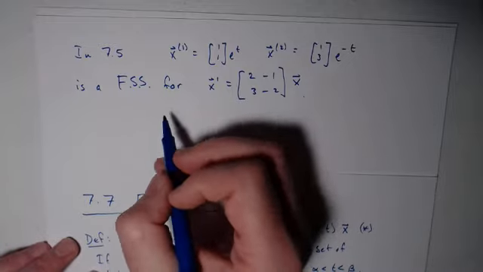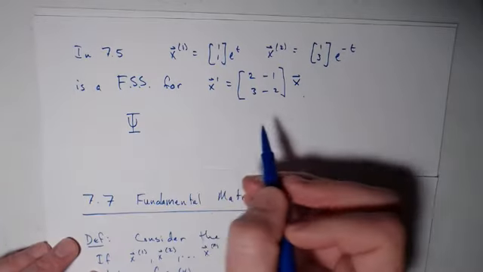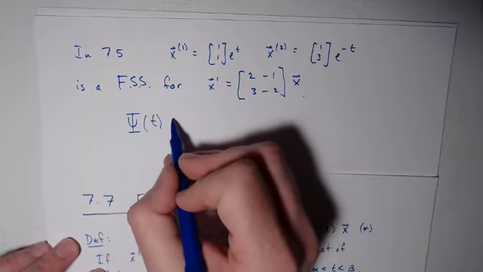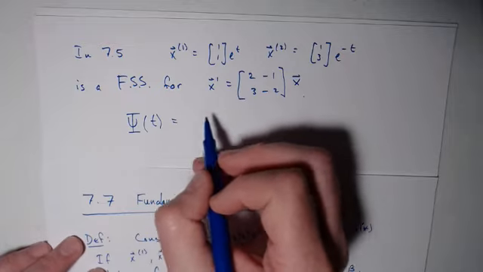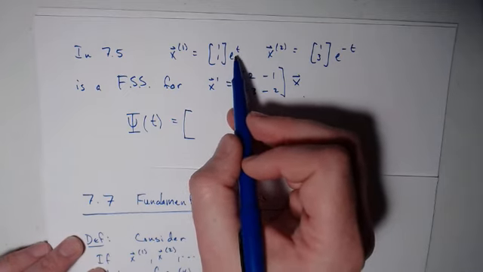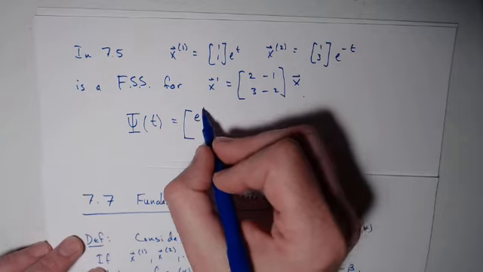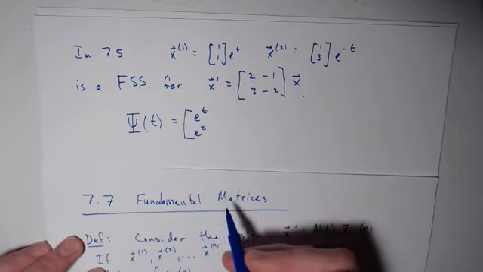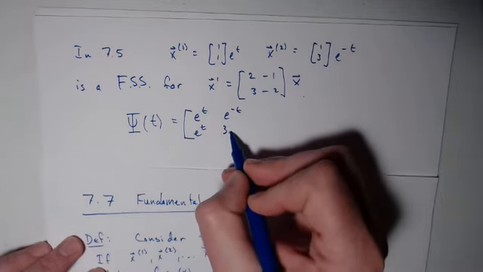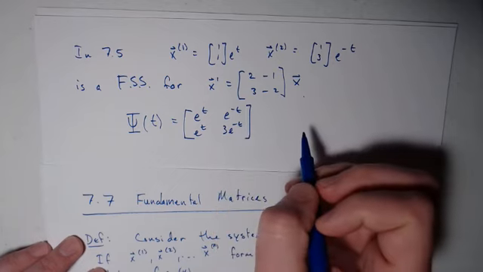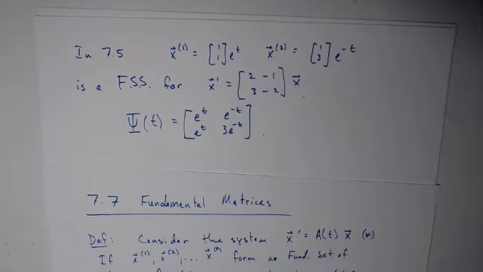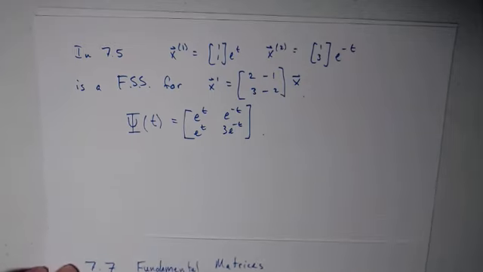So a fundamental matrix for this is going to be psi of t equals, so if I take this guy and put him in single column vector form, he'll be e to the t, e to the t. And if I multiply this e to the minus t, I get e to the minus t, 3e to the minus t. Sometimes it's that simple. You have your solutions already, they just ask for a fundamental matrix and you just write it that way.